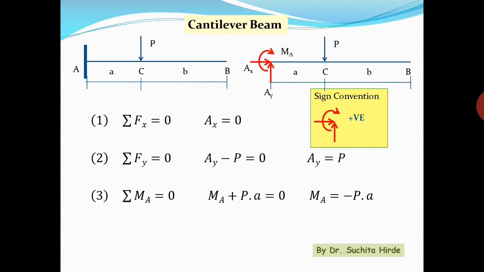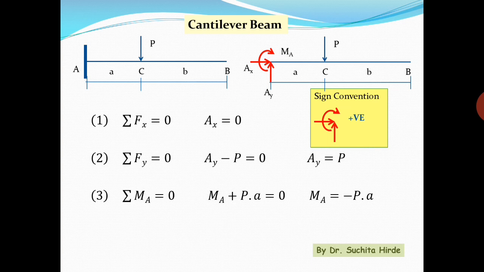And you know that moment means force into perpendicular distance. So there will not be any moment due to Ax and Ay at A because these forces are passing through that point. So what are the forces which are contributing to summation MA is the moment itself MA and moment due to P. So both the moments are clockwise and therefore we are taking positive.